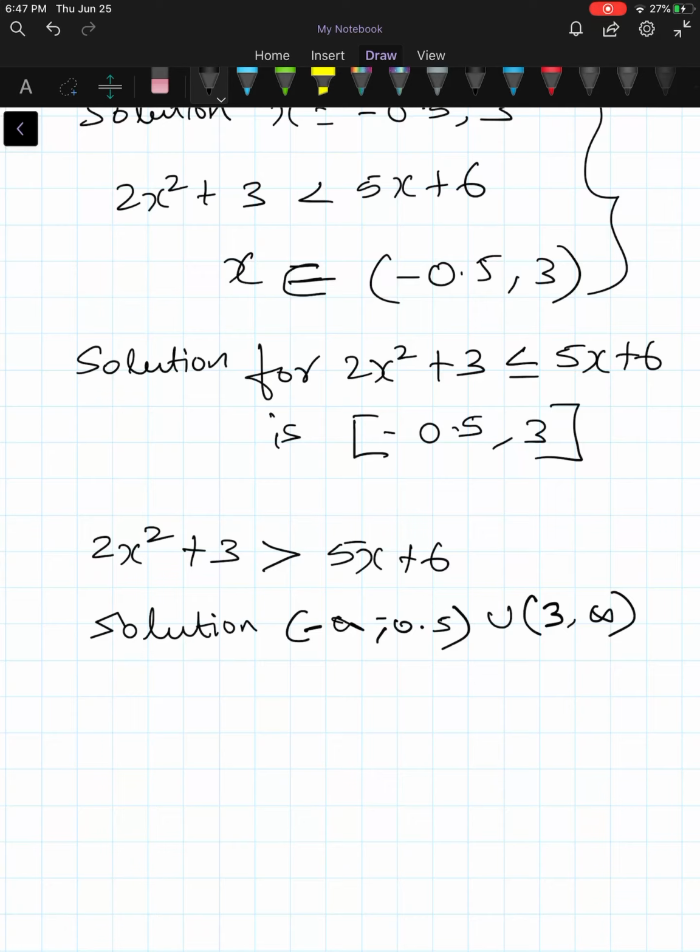So I hope you understood how to extract a solution of an inequality as well as of an equation using graphs of two functions. You can use the online calculator that I used.